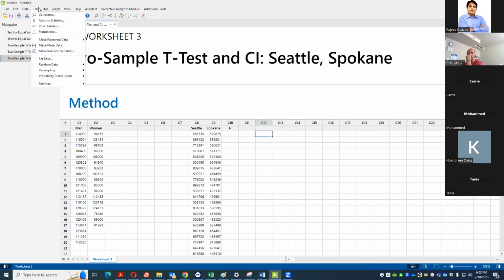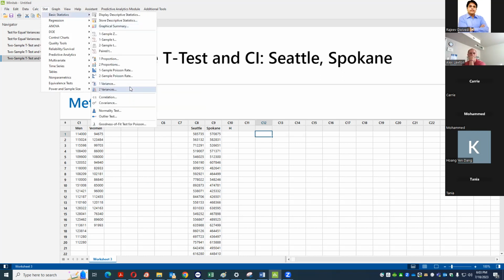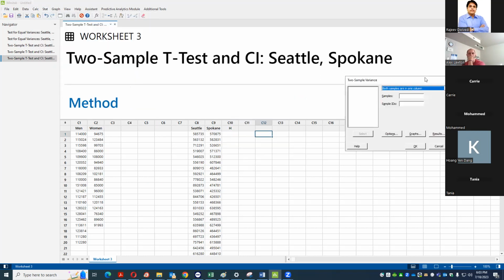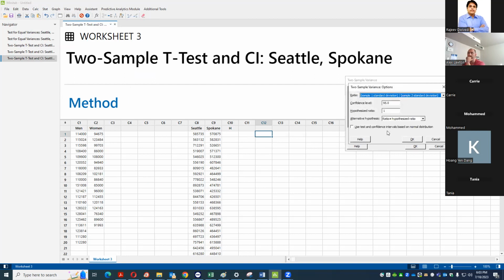Now we come to basic statistics, two variances. You say the variance in Seattle is higher than Spokane, with each sample in a column, Seattle and Spokane. Use the normal distribution.